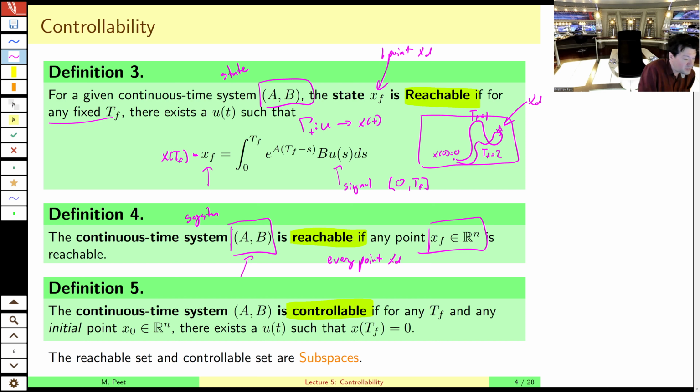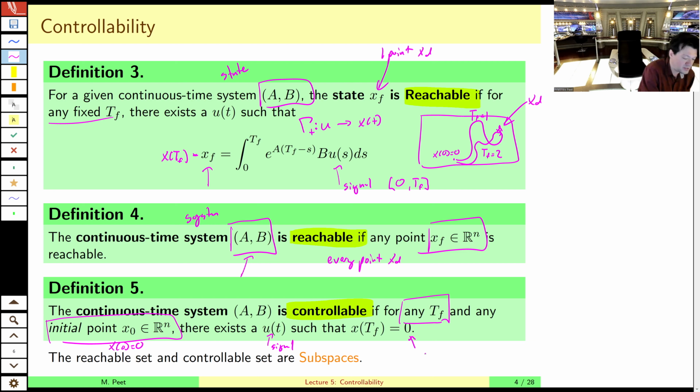Next, we have this somewhat counterintuitive notion of controllable. So a system is controllable if, again, for any fixed time and any initial condition, and here we're relaxing the condition that x of 0 equals 0, although it doesn't matter, it turns out, there exists an input signal which will drive the system to 0.